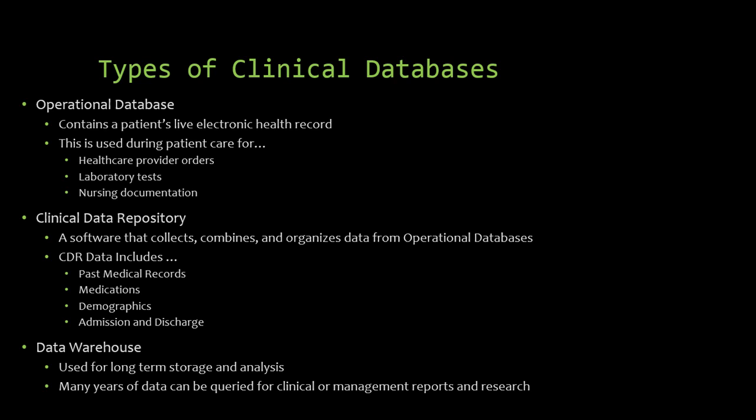Much of the data in these includes past medical records, medications, demographics, and admission and discharge dates. And finally, we have our data warehouse, which is used for more long-term storage or analysis, and this has many years of data that can be queried for different clinical or management reports and other research.